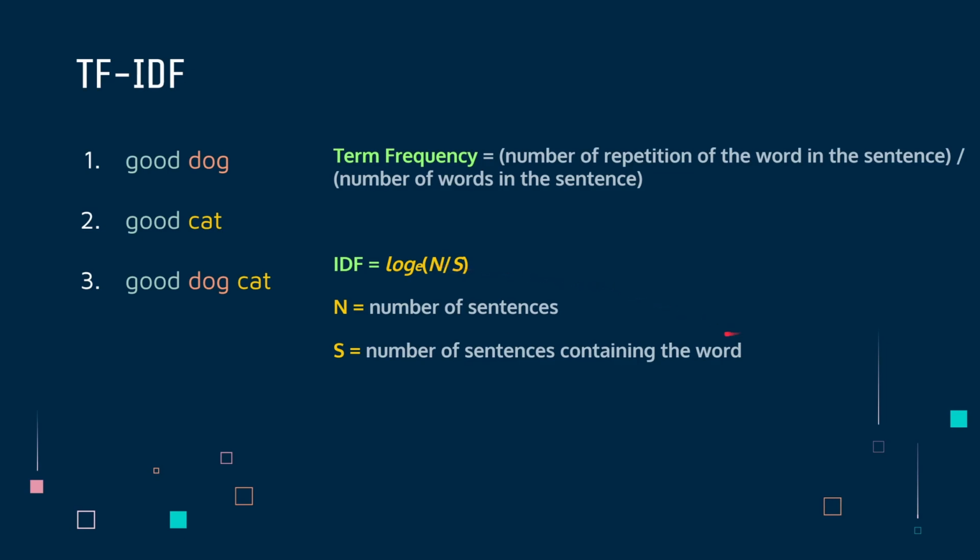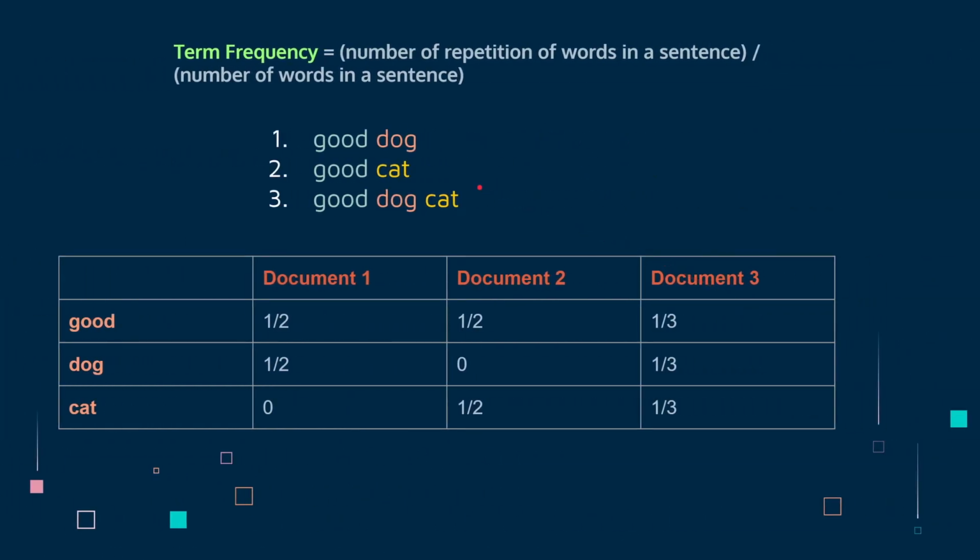Now let's go over some examples for term frequency. Let's go over how we can actually apply this formula. I created a 4x4 table here, and I have the words good, dog, cat from our documents, and document 1, document 2, and document 3.